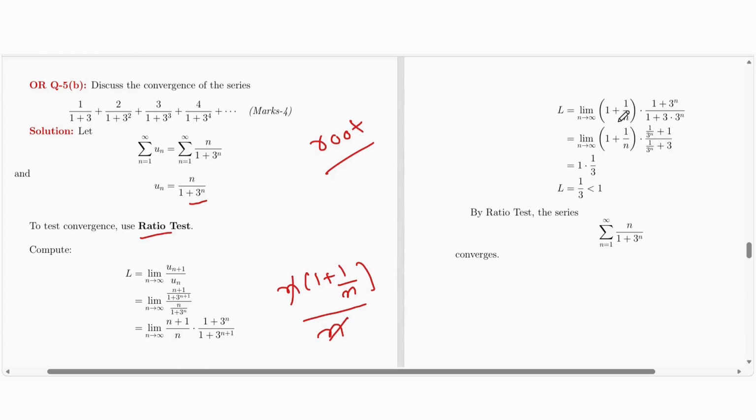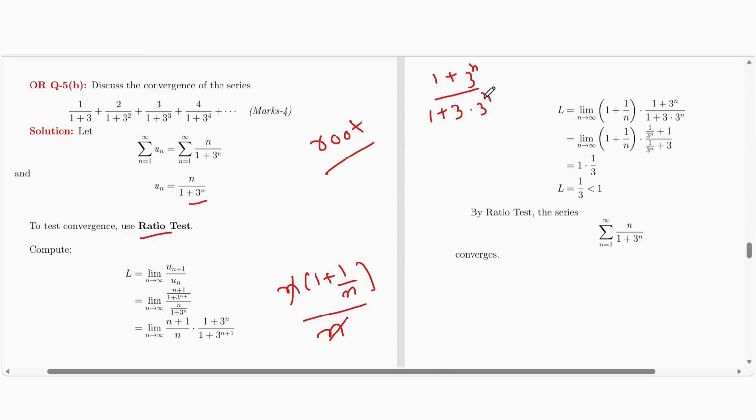Now separate the power of 3 raised to n, so we can write 1 plus 3 into 3 raised to n. Now I have the term 1 plus 3 raised to n upon 1 plus 3 into 3 raised to n.